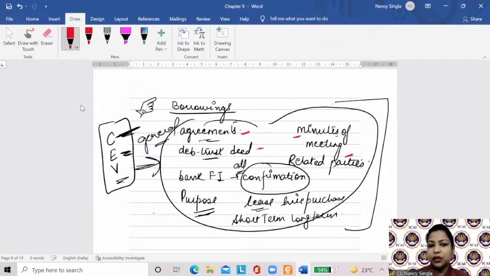If related party loans are there, then there will be certain audit procedures to be performed by the auditor. Many of you said that confirmation can be taken. Then the borrowing should be used for the purpose for which it has been taken. Lease and hire purchase are also kinds of borrowings. And then a bifurcation as to what is short term and long term.